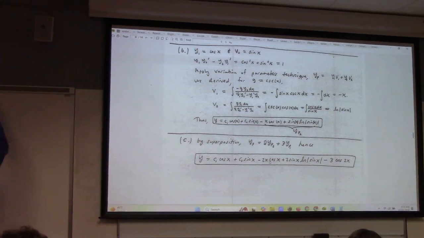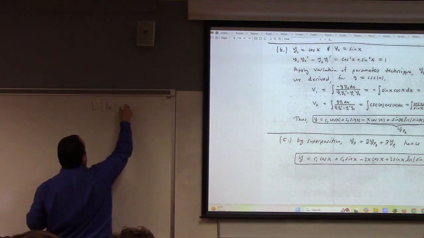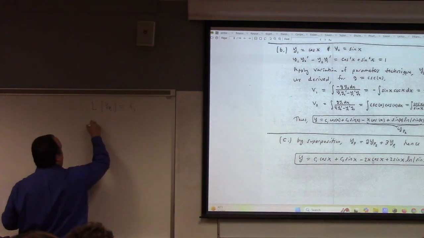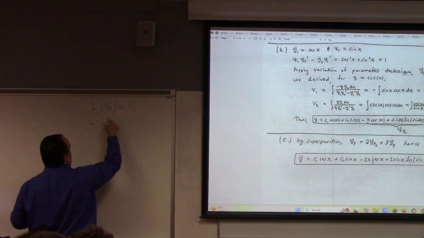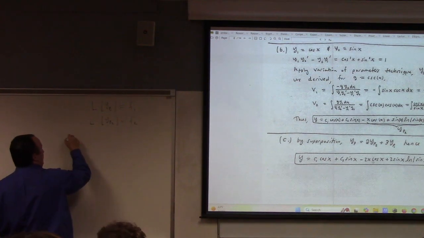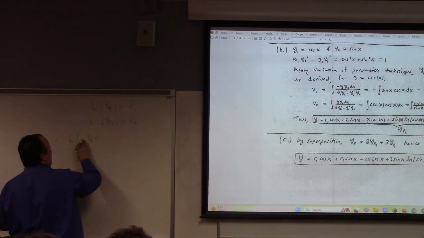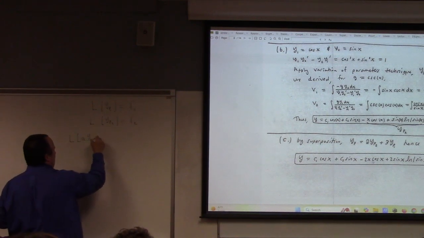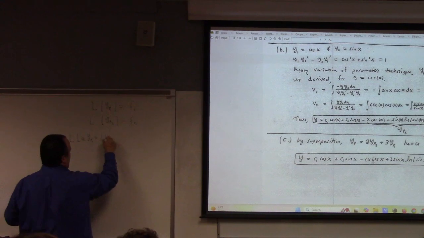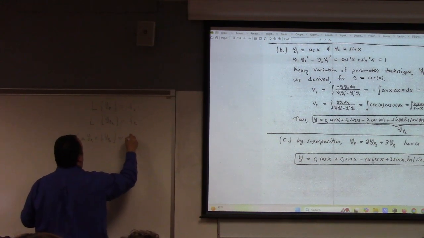If we have L of yp1 equals F1, and we have L of yp2 equals F2, same L, then L of, let me not use C1, let me use A and little b, because I don't want you to think of these coefficients as being anything to do with the homogeneous solution.